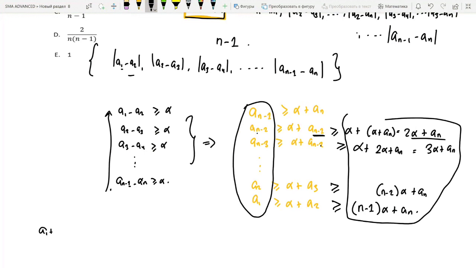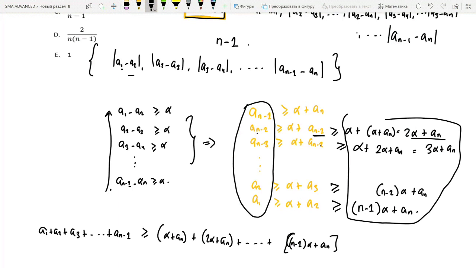We have that A1 plus A2 plus A3 till AN minus 1 is greater than equals to alpha plus AN, that's for the first one, plus 2 alpha plus AN for the second one, till n minus 1 alpha plus AN. So what can we do now? Remember, the sum of all these variables is equals to 1. Here we're going to use that fact.